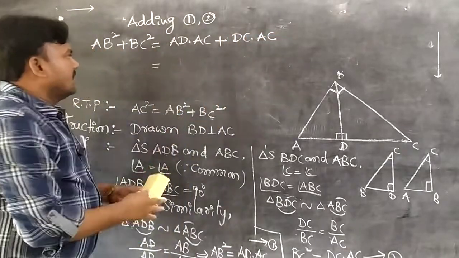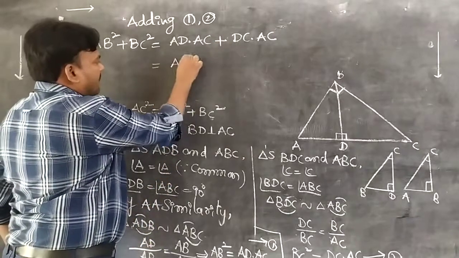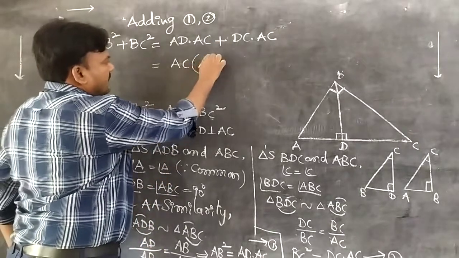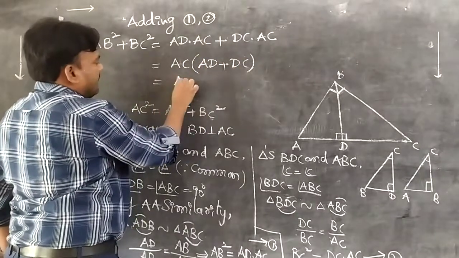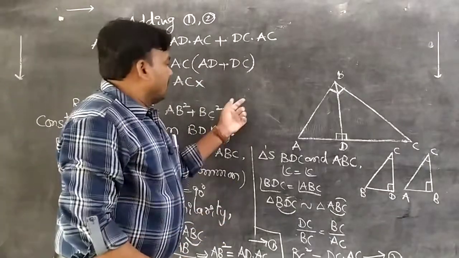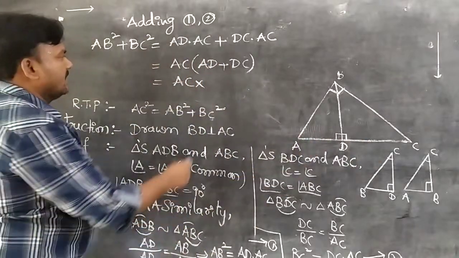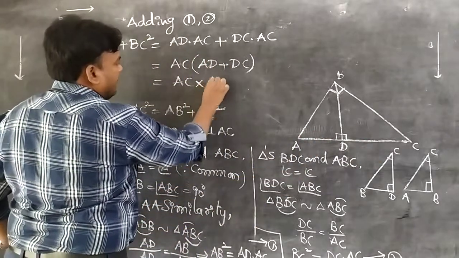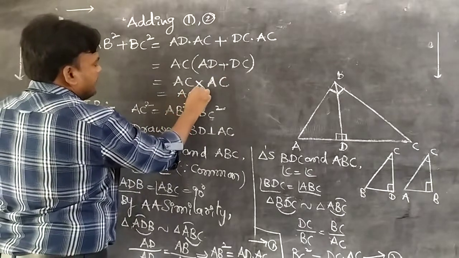Then that implies in both, AC is a common factor. So AC of AD plus DC. AD plus DC is nothing but AC. So replacing it, we have AC into AC, it becomes AC square.